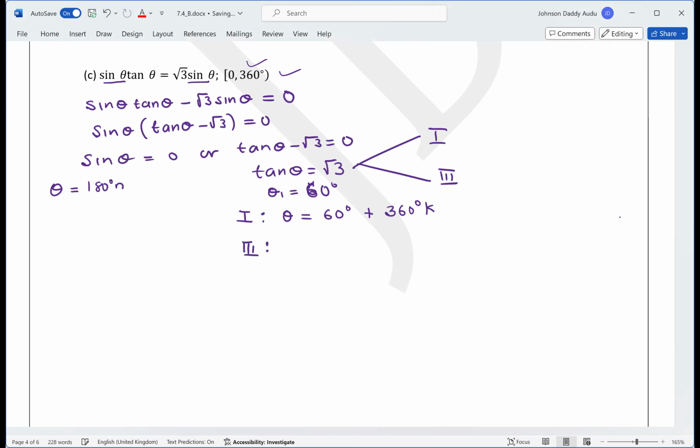So if you are in the third quadrant, theta in standard form is going to be 180 plus 60, which is the reference. And this is going to be 240. Then we can add 360 degree k, right? So here, instead of n, we can use 180 degree k. Right. So these are the solutions.